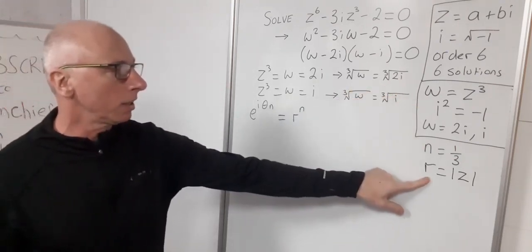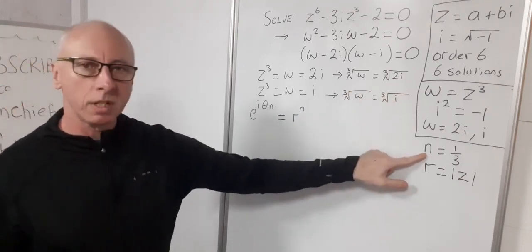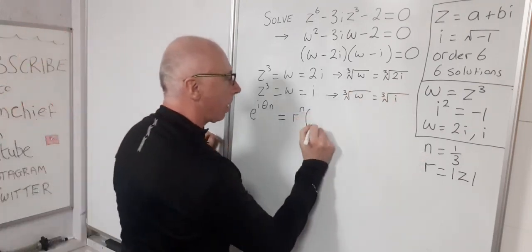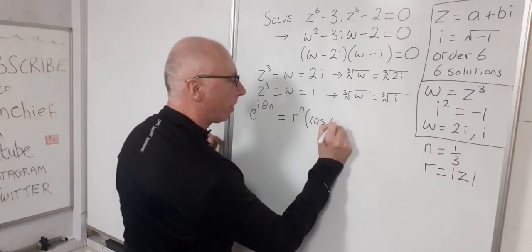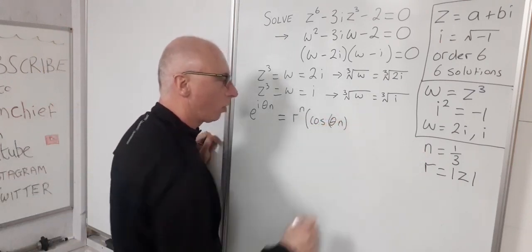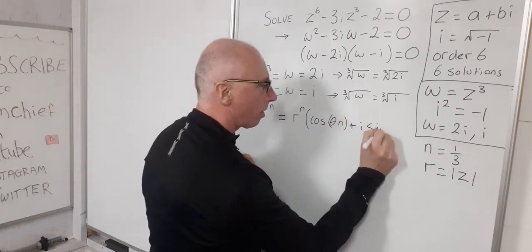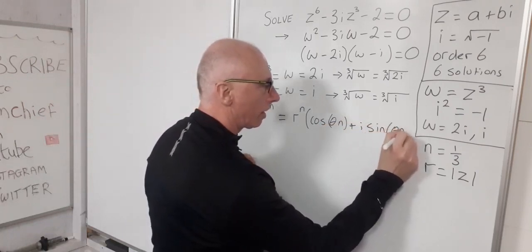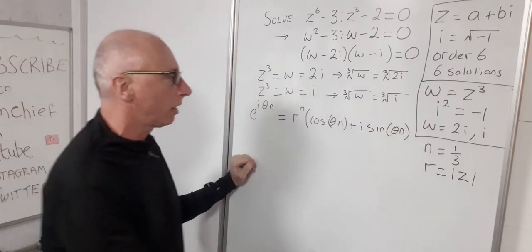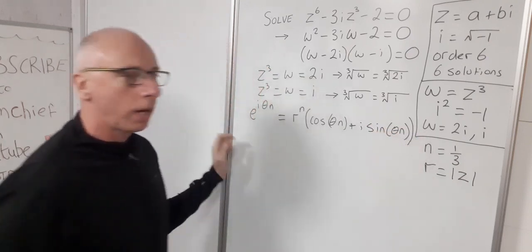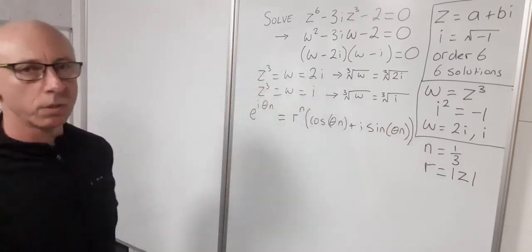So that's something we're going to need to find. n we've already discussed, and then we multiply that by cosine of theta n, and that's all one input, and then add i sine of theta n for this one here as well. And that's the way we can write that out to find our cube roots.